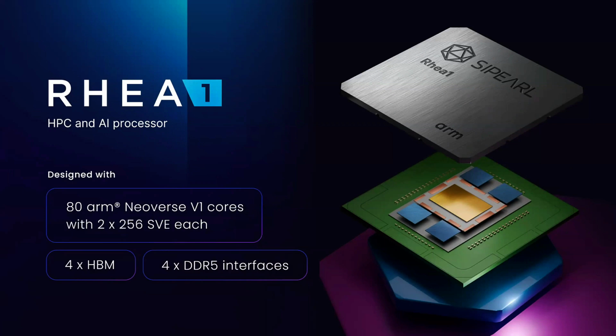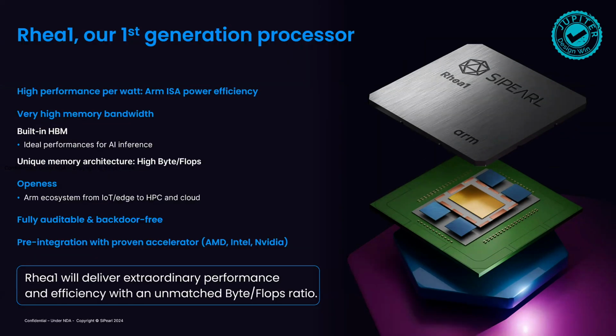Inside, we will have 80 ARM Neoverse V1 cores with 2 by 256-bit SVE each. The particularity of this CPU is that we will have 4 stacks of HBM inside and, of course, also 4 DDR5 interfaces.